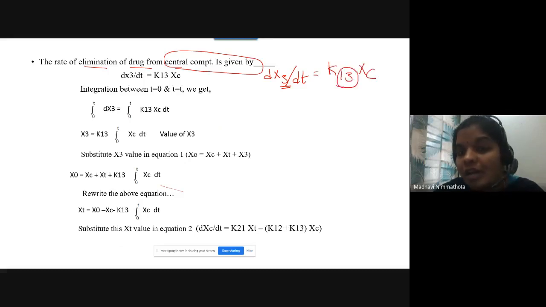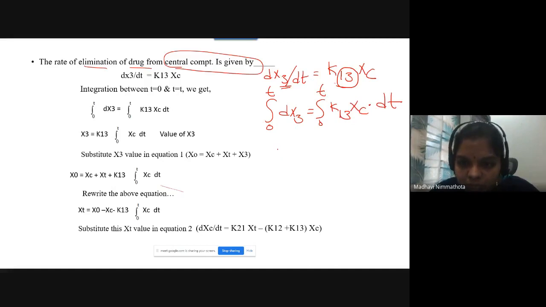Here we are getting the elimination process with respect to the plasma drug concentration level. That's why K13XC. Then we need to do some integration from 0 to t. dX3 equals the integral from 0 to t of this constant K13XC dt.